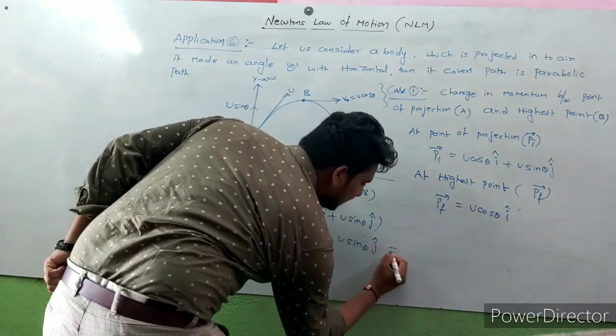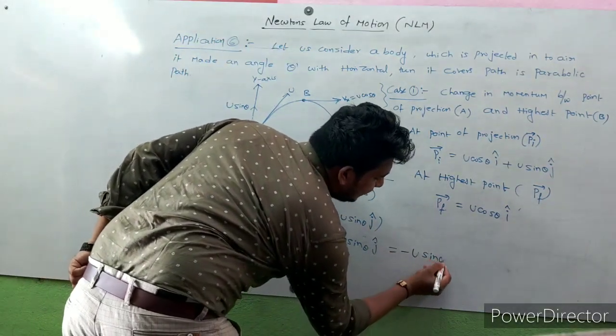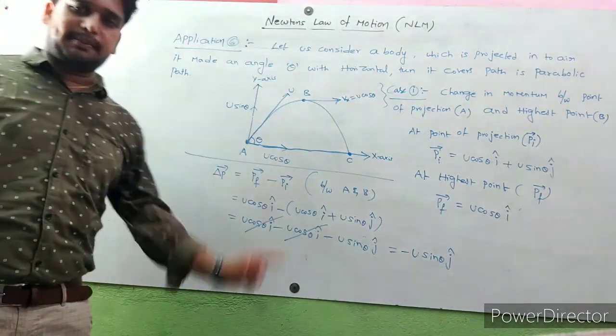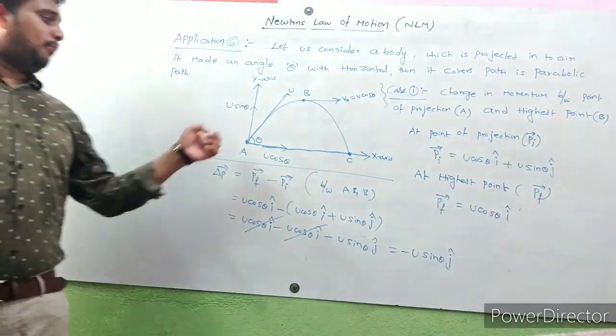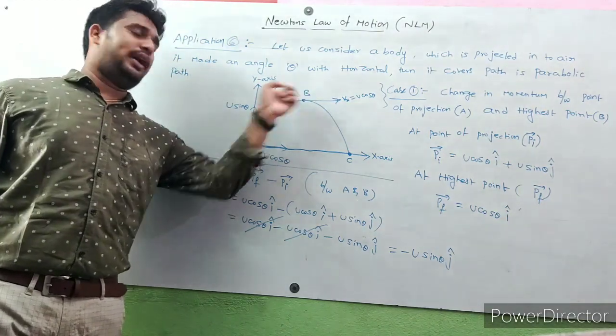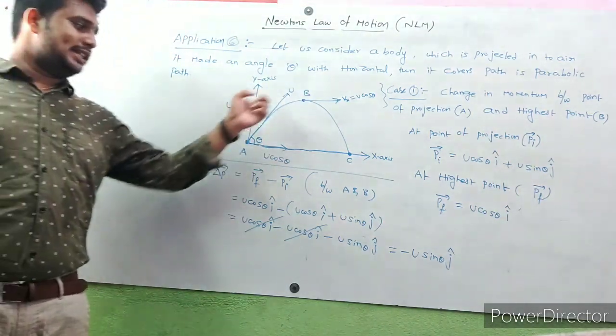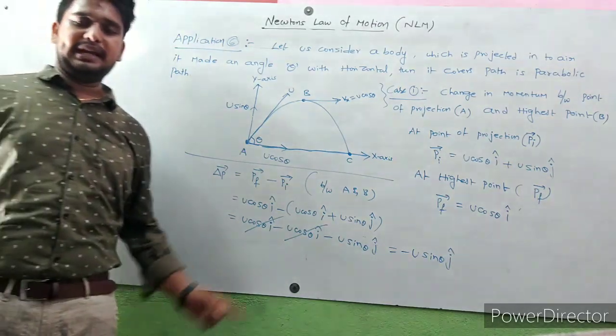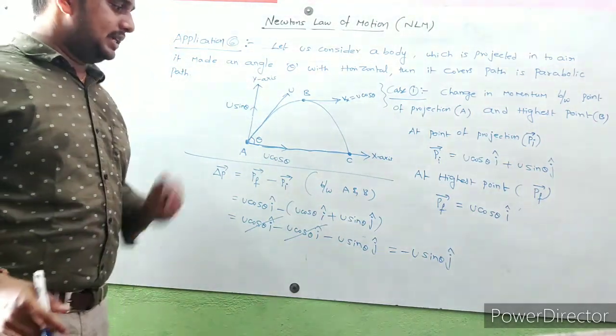Finally, what is left is minus u sin theta j cap. So the change in momentum between the point of projection and the highest point is minus u sin theta j cap.